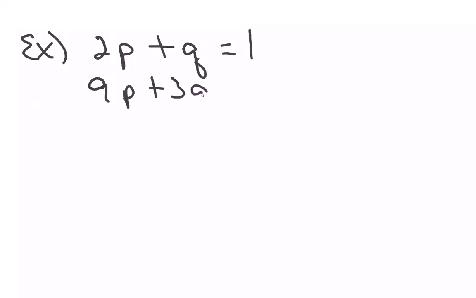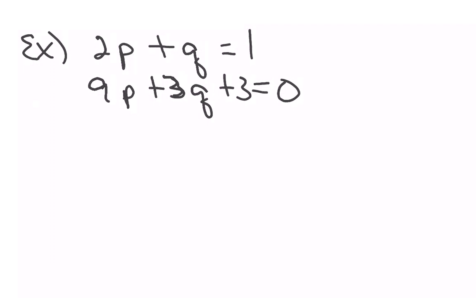So let's get our two equations up here: 2p plus q equals 1, and 9p plus 3q plus 3 equals 0.